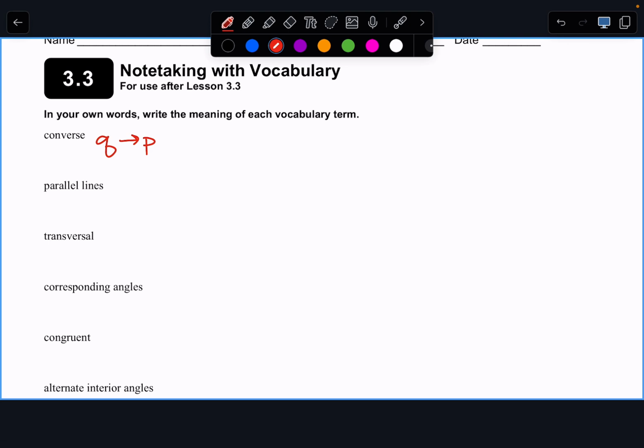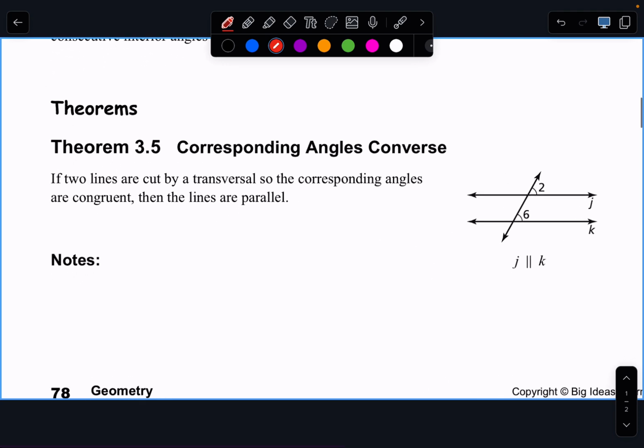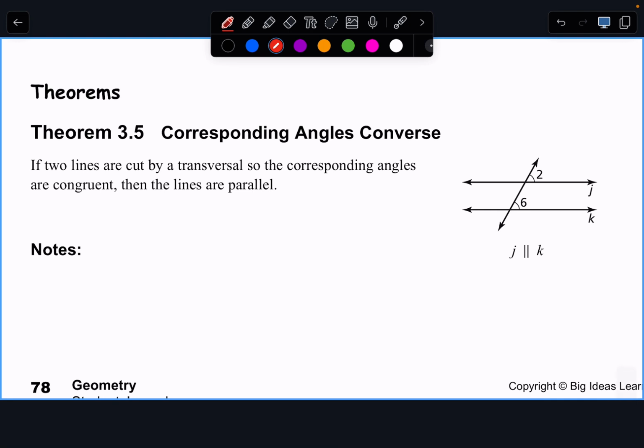Micah? Yep, I have it up here. Okay, so the corresponding angles converse. If two lines are cut by a transversal so that the corresponding angles are congruent, then our conclusion is the lines are parallel.